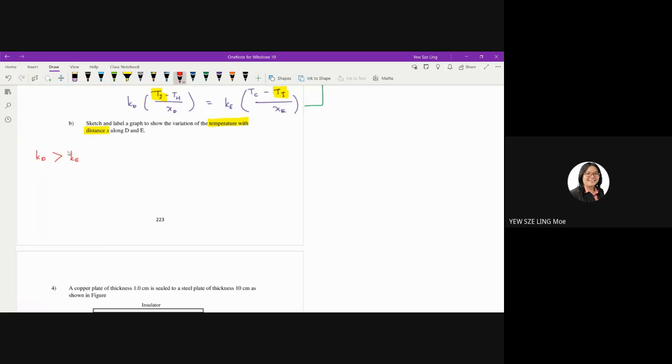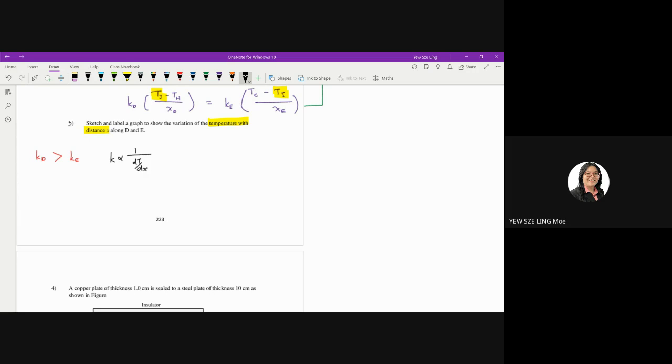Now that you have KD larger than KE, how are we going to determine which one has a greater gradient, which one is steeper? You try to look at the relationship between K and dT over dx, the temperature gradient. According to the equation, K is inversely proportional to dT over dx.